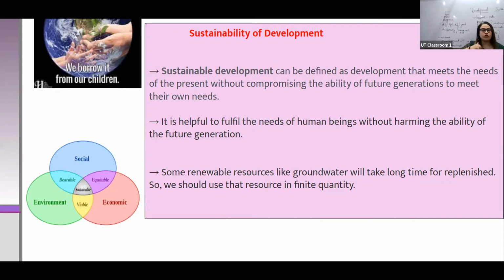Okay, so what do you mean by sustain? Kind of maintain. Like if you all study very hard, say, for example, you all get 80% in your exams.